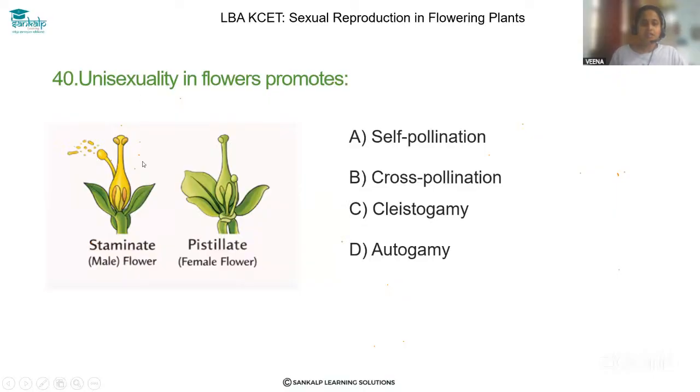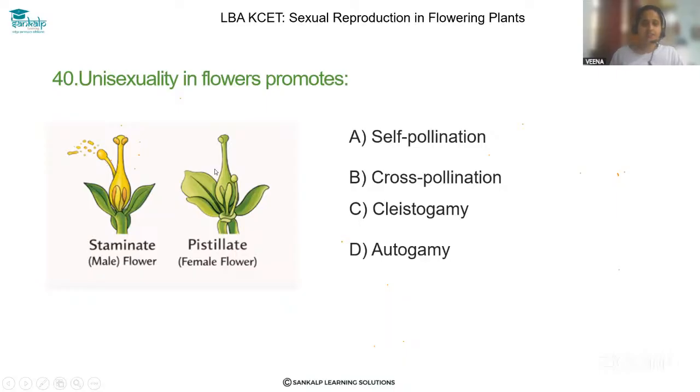That means the flowers will have either male or female parts, staminate or pistillate. That condition is called unisexuality. So here it is promoting what? It is promoting cross pollination and preventing self pollination. If the flower has only male parts, the pollen has to travel to the female flower.